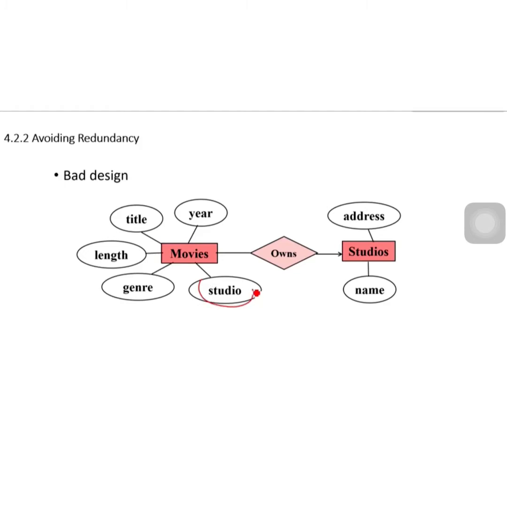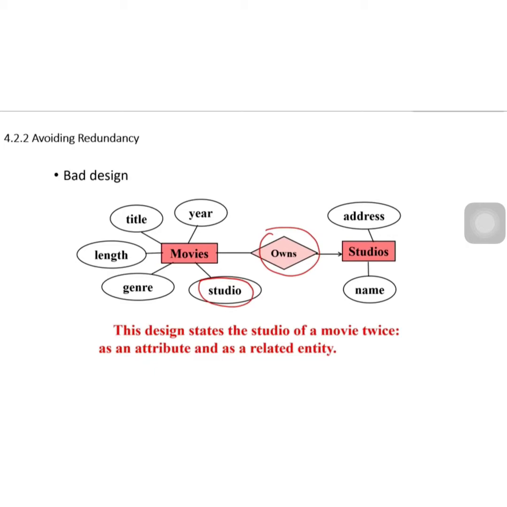Studio is an attribute of movies, meaning the studio who owned the movie, and there is also this relationship. So this design states the studio of a movie twice, as an attribute and as a related entity. So there is redundancy here.